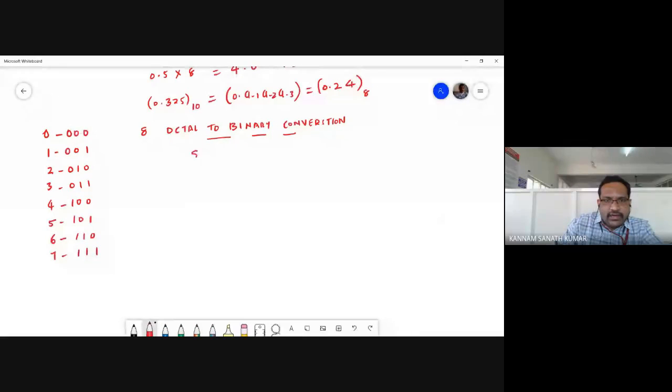Octal has radix 8 and binary has radix 2. So how can we represent 8 in terms of 2 cube? Sorry, this is binary to octal, not octal to binary.